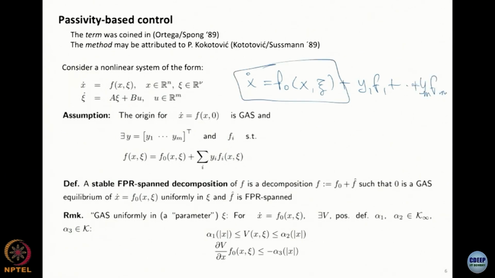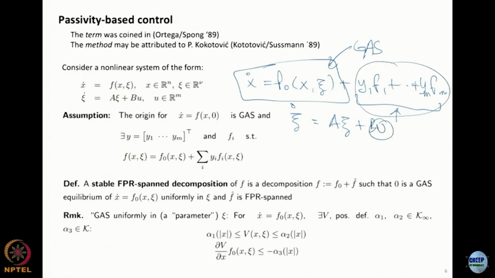Now, essentially what they are doing is assuming that this guy is already GAS, so they don't have to worry about that. So basically we want to worry about the effect of these nonlinearities here. And what passivity-based control, created by Kokotovic, is doing is defining U in a way that it takes care of the effect of these nonlinearities in the system. Okay, so that's what we are aiming at.